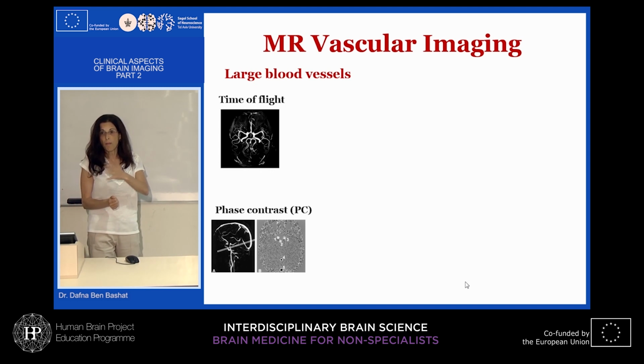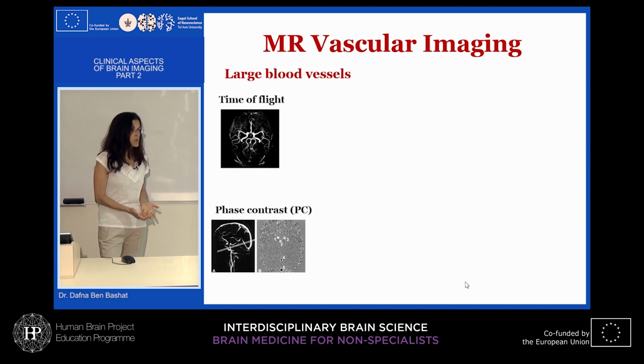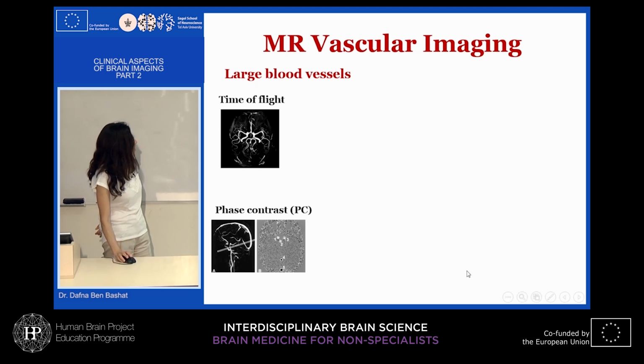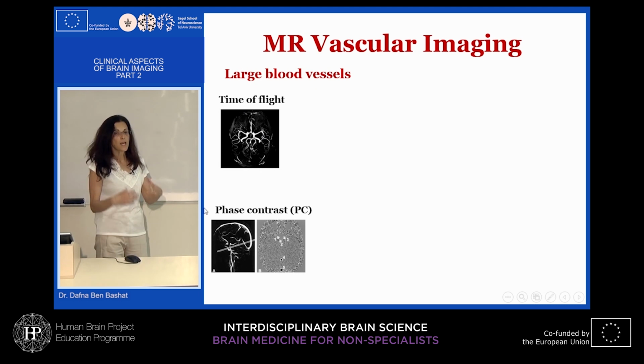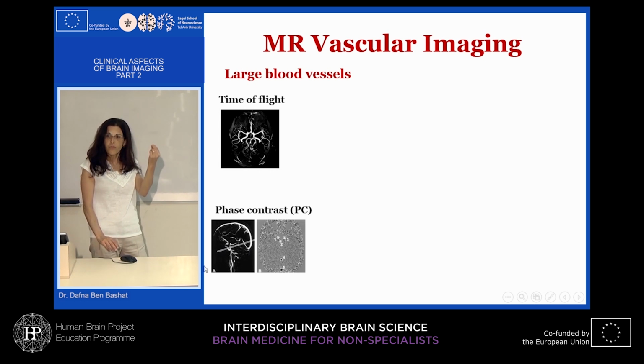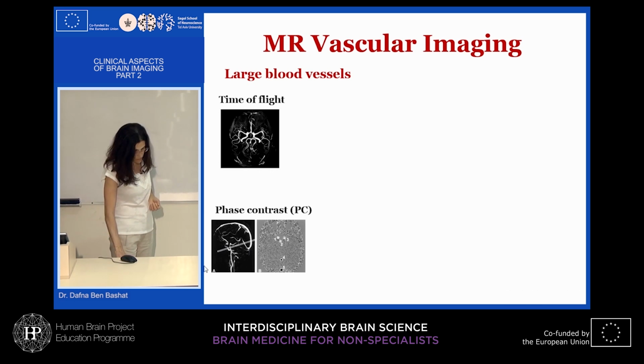And as you saw, there are many methods. If we want to talk about structure, there is a lot of contrast in the structure. And when we talk about vascular imaging, there are methods to look at large blood vessels, like the MCA, you can really see the large blood vessel, and with this method also quantify the flow within specific large blood vessels.